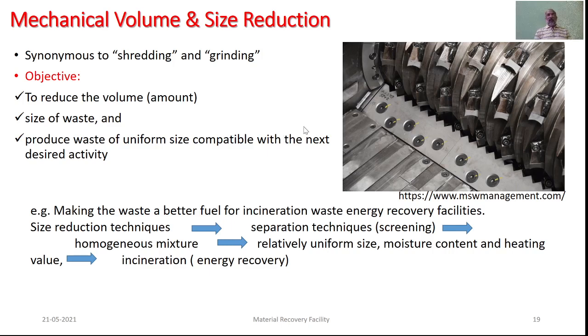A certain flowchart we can consider here. Say for example, making the waste a better fuel for an incineration waste recovery facility would require size reduction techniques, then separation techniques like screening, then having a homogeneous mixture of relatively uniform size, adjusting the moisture content, going for the heating values, and ultimately having the energy recovered through combustion, incineration-like operations.